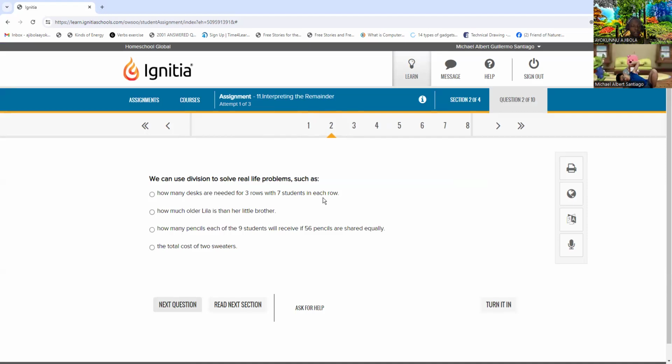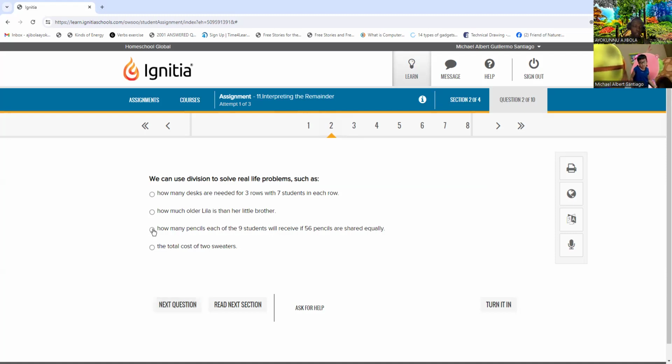Can we use that? Yes. How much older is Leila than her little brother? Well, that's not division, that's subtraction, okay? Okay. How many pencils will each of the 9 students receive if 56 pencils are shared equally?